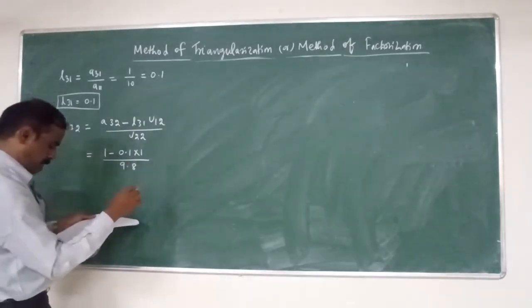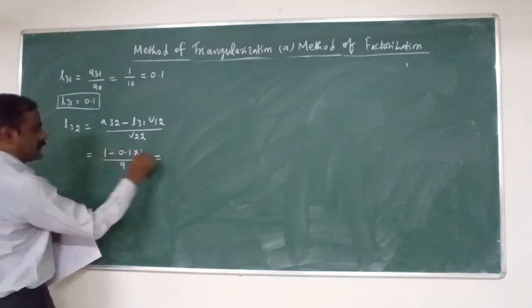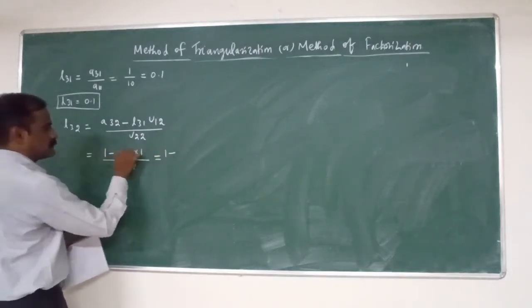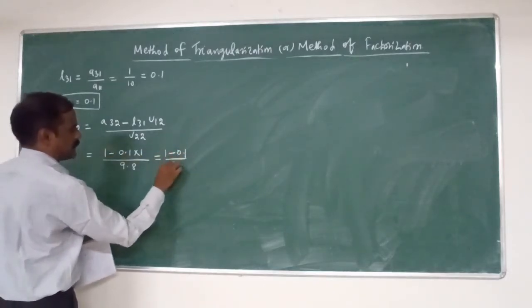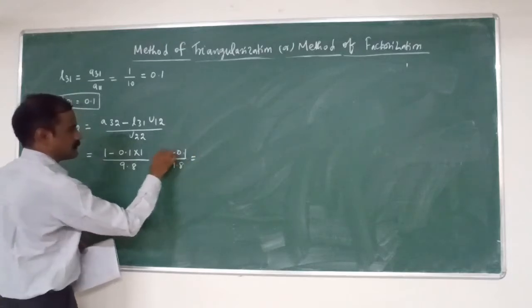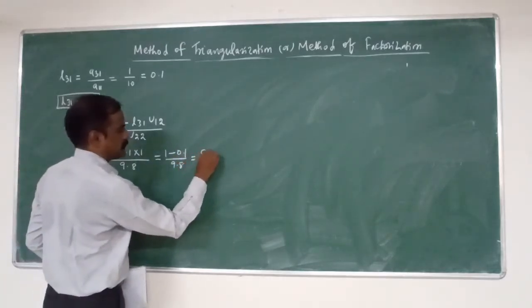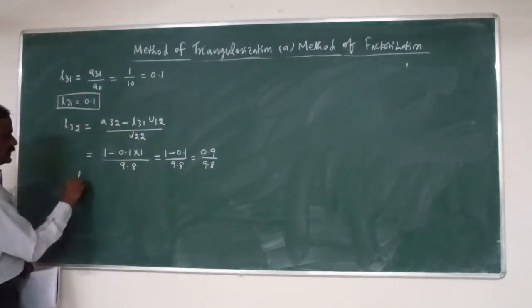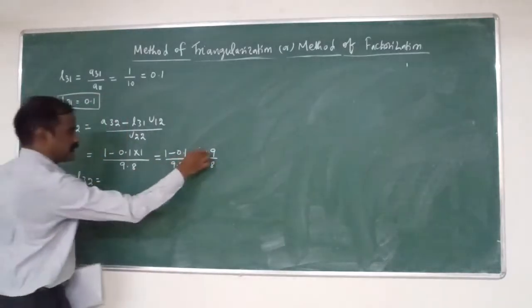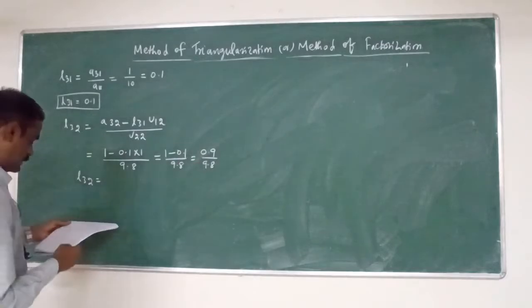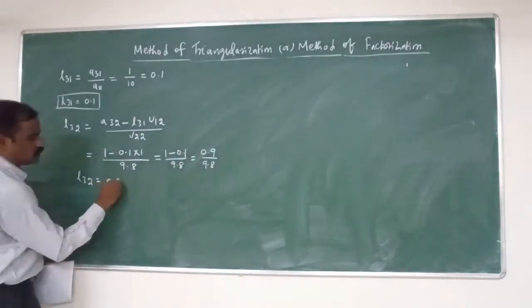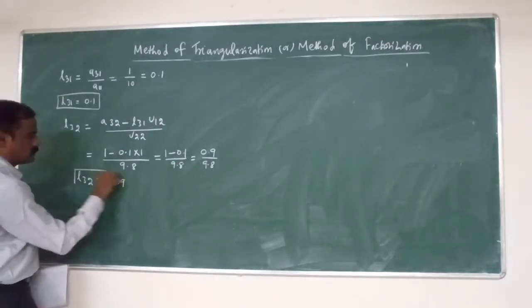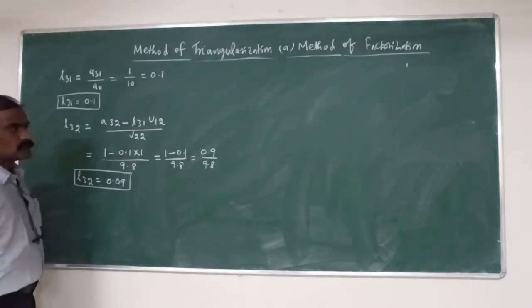Now 1 minus, multiplying this one, 0.1, divided by 9.8. Now subtracting these two, 0.9 divided by 9.8. Now L32, dividing these two, we get the result 0.09.